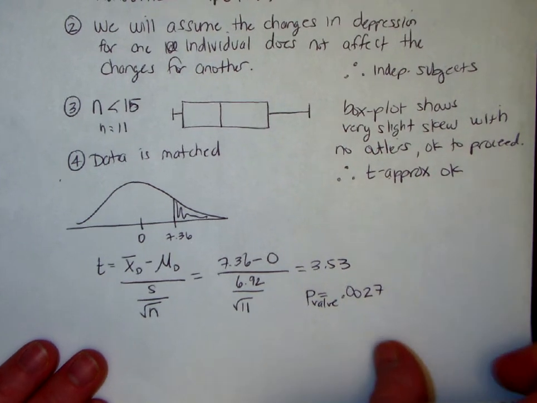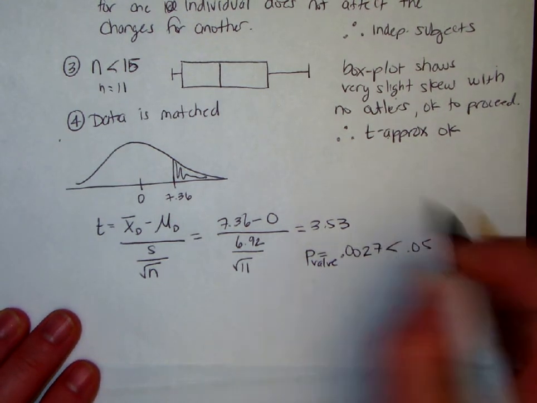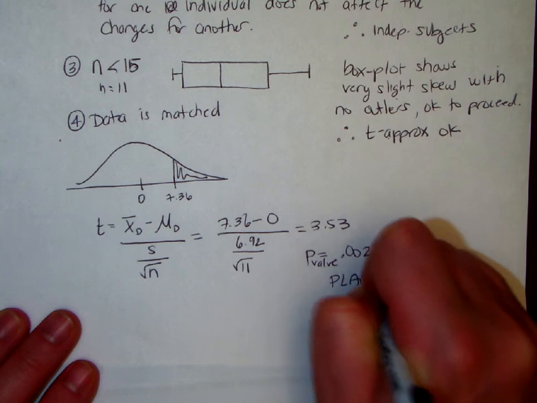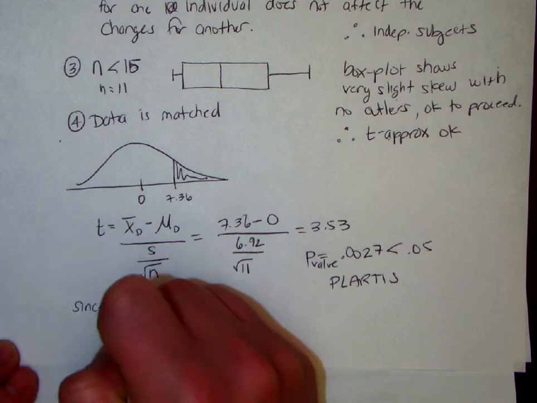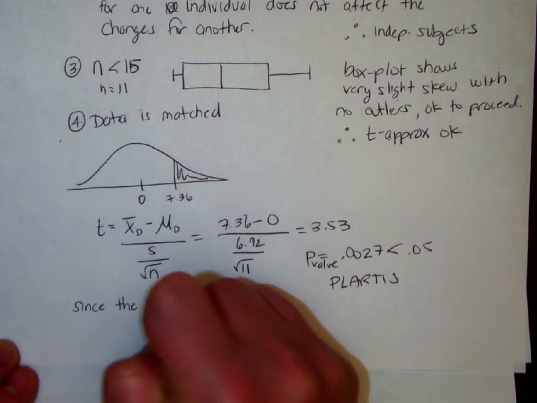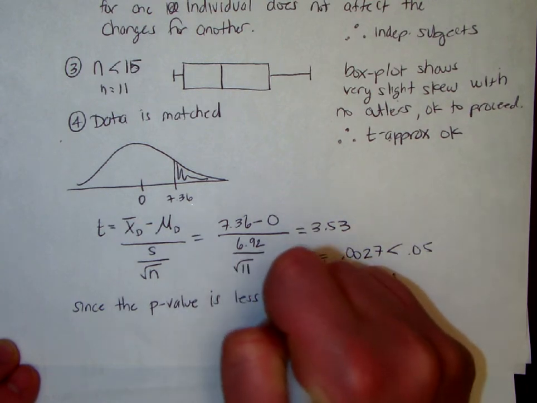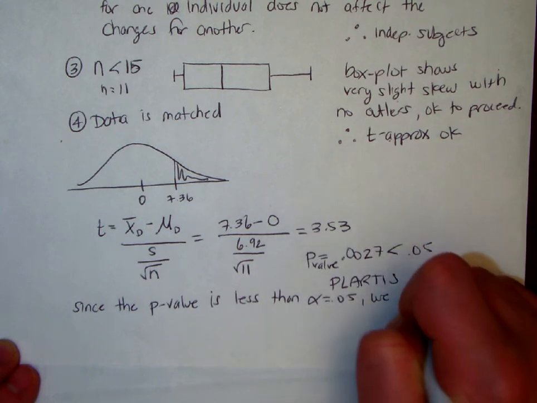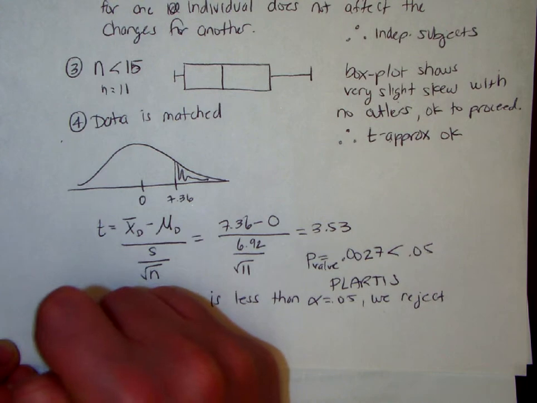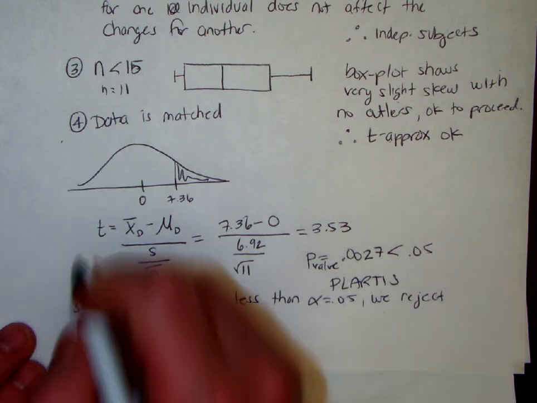Okay, so it looks like we are in a P-low scenario. P is less than alpha, so reject. And we will write, since the p-value is less than alpha equals 0.05, we reject H0, P-low.